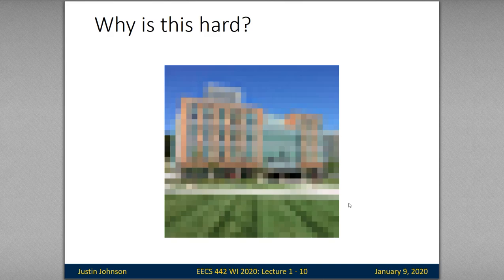So to make it a bit more concrete why this is difficult, we can imagine that the computer approximately sees something like this through the camera. So these are the pixels how we would visualize an image.